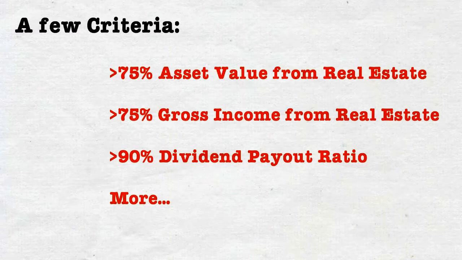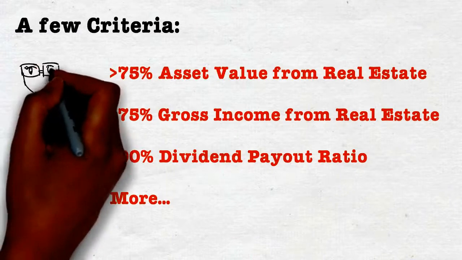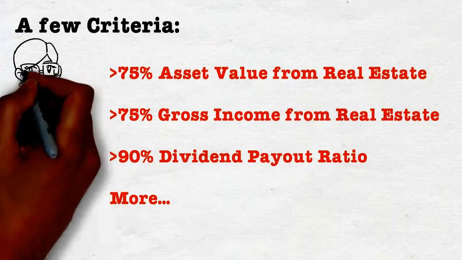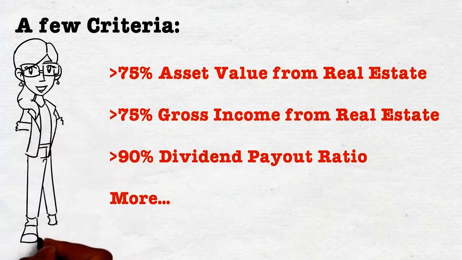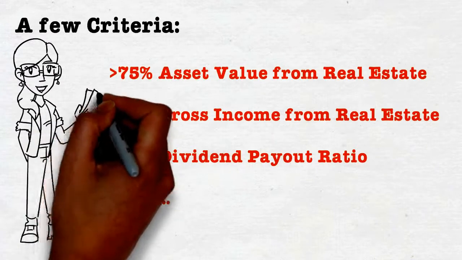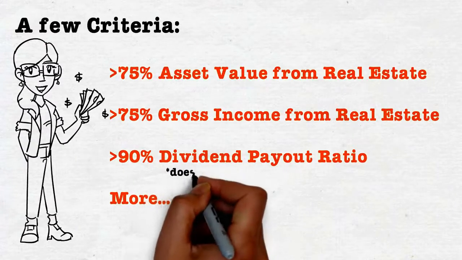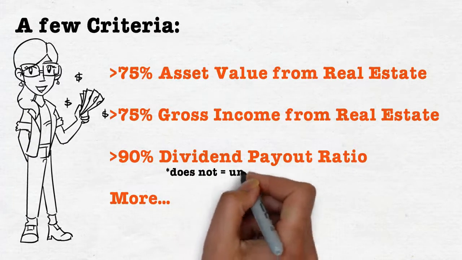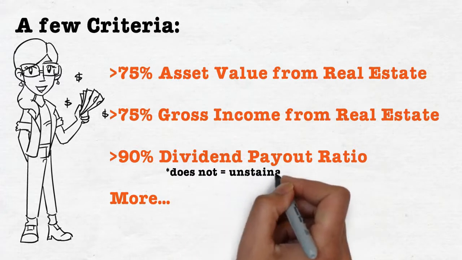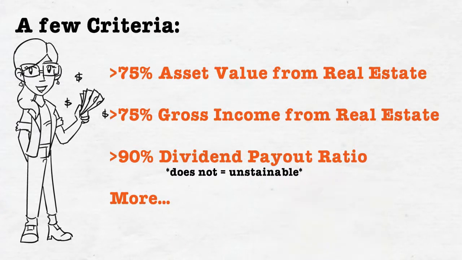The other thing that's very important to note is that it needs to have a dividend payout ratio of at least 90%. Now this is quite important for us, guys, because if you remember correctly, in the video on how to choose dividend paying stocks, I was saying try not to get a stock with a too high dividend payout ratio, because the payout ratio is a measure of sustainability.